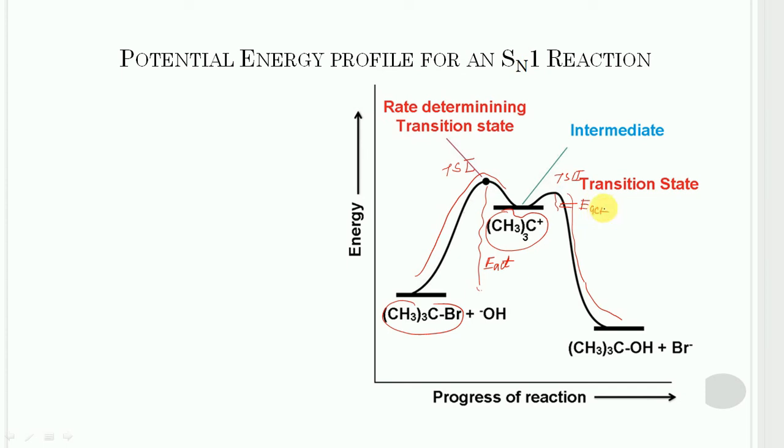Due to this low energy transition state, the nucleophilic attack on the carbocation will occur almost as soon as it is formed. This explains why the strength or the concentration of the nucleophile does not affect the rate in case of SN1 reactions. So it is all about the potential energy diagram for the SN1 reaction.